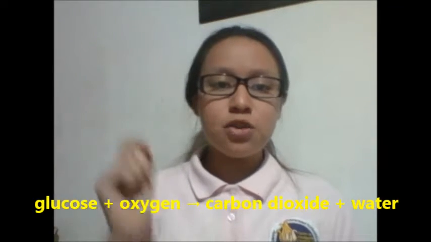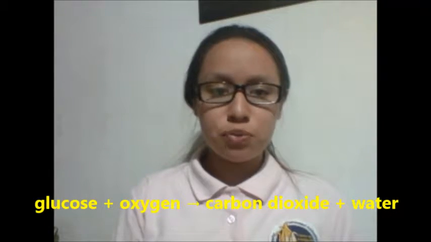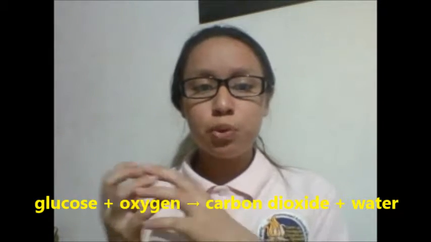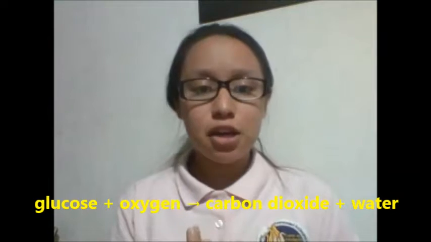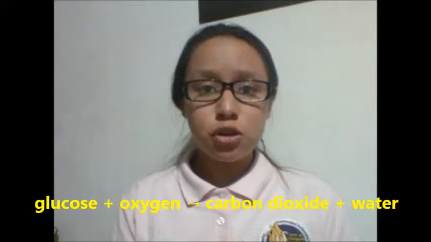And here is the word equation for aerobic respiration. That is, glucose plus oxygen produces carbon dioxide and water, but also produces energy. Where this happens is in the mitochondria, and the mitochondria is found in the cell cytoplasm.